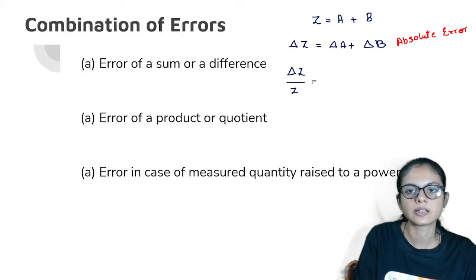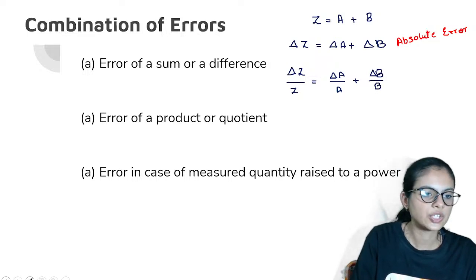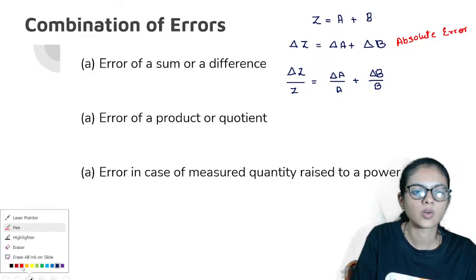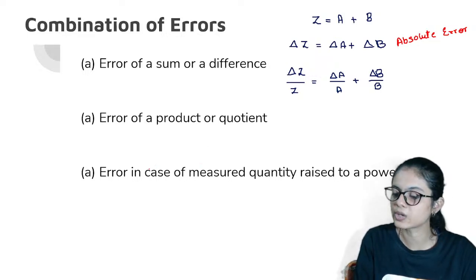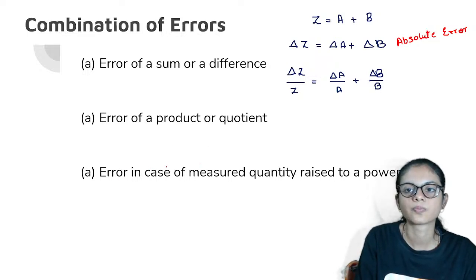Delta z by z equals delta a by a plus delta b by b. Clear? So I just divided the absolute error by the original values. So the thing we are getting here is called the relative error.